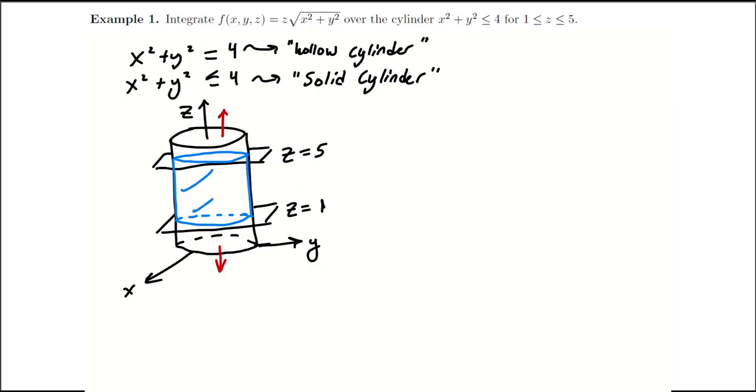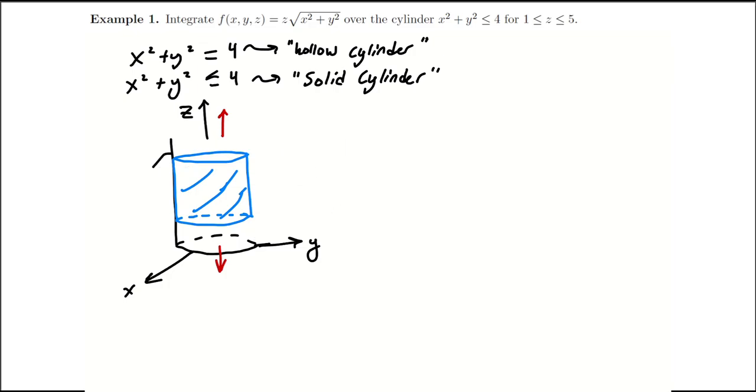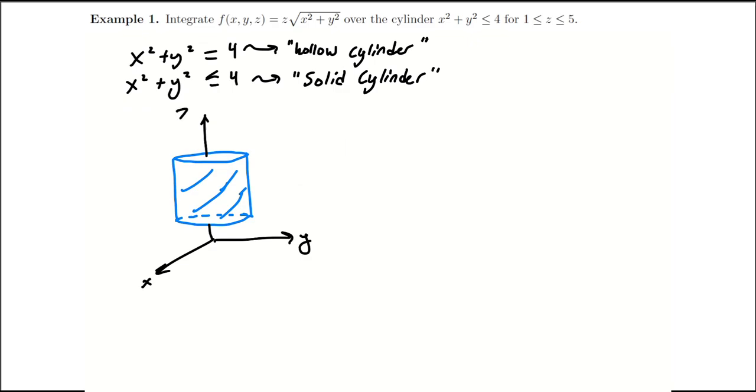So I'm going to go ahead and outline that. Really, this is what we have. All that other stuff we don't actually have. So x-axis, y-axis, z-axis. This starts at a z value of 1 all the way up to a z value of 5.